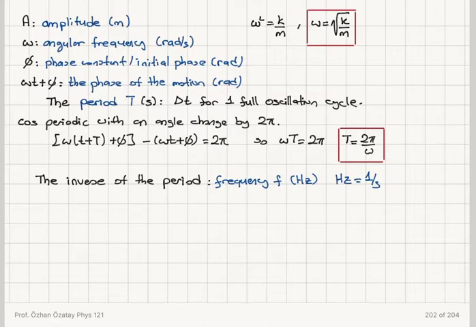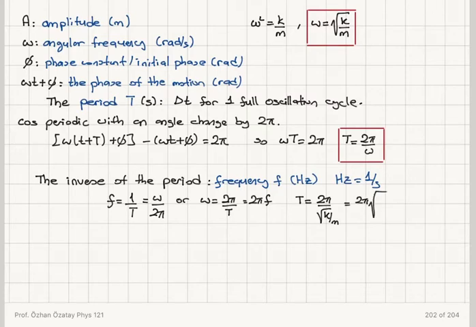If it completes 10 cycles in 1 second, the frequency is 10 hertz. Okay, so frequency is equal to 1 over the period. It is omega divided by 2 pi, or we can say omega is 2 pi divided by the period, or 2 pi times the frequency.